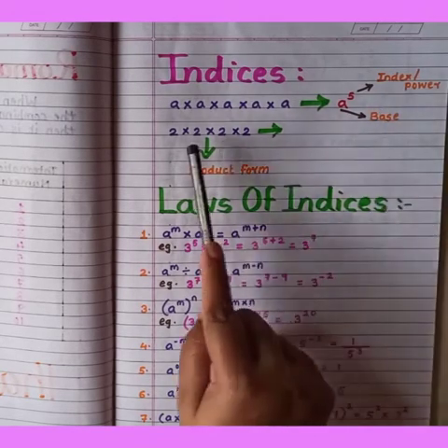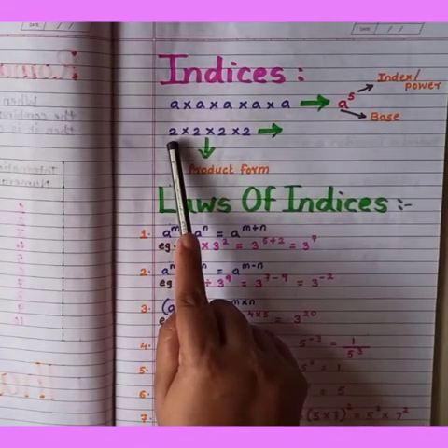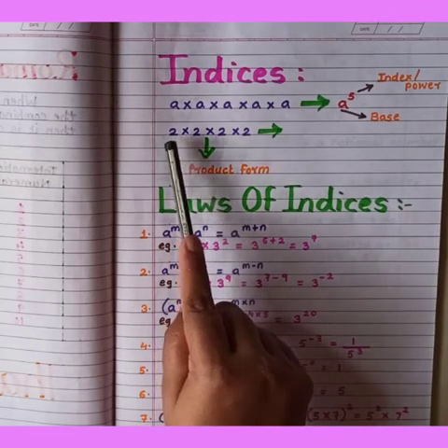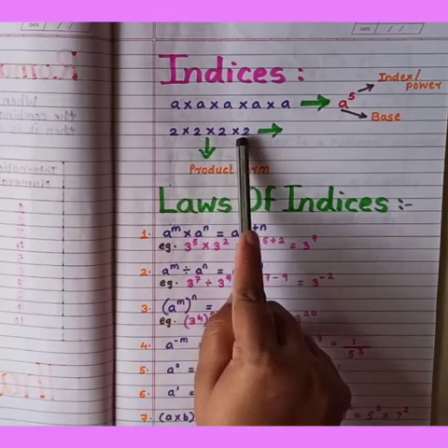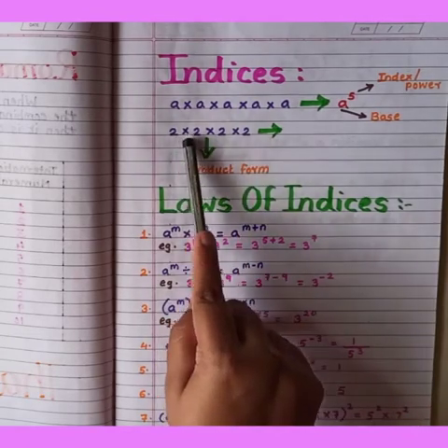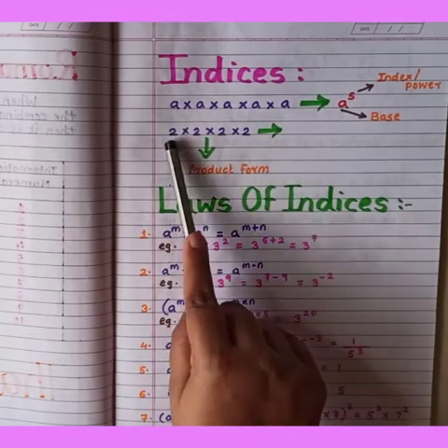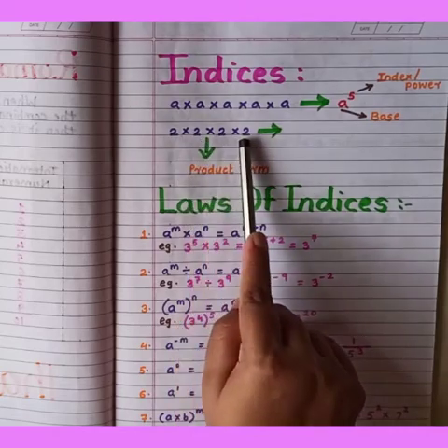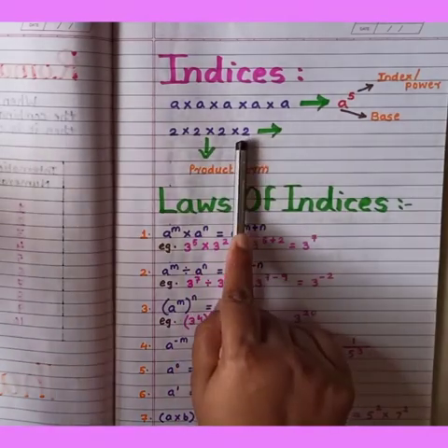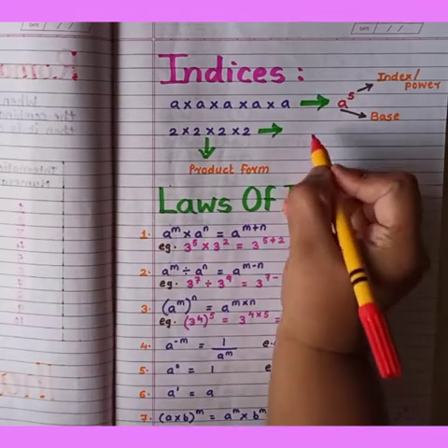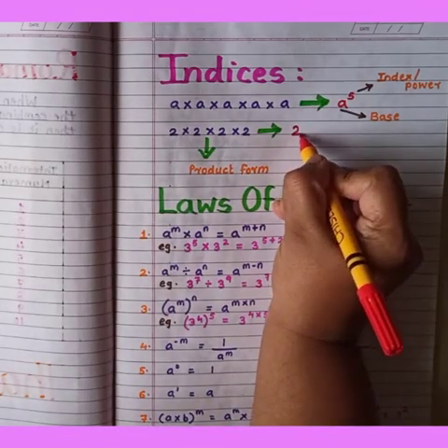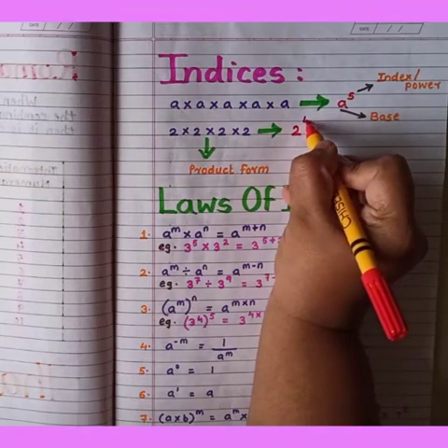Now we will see an example. Again here one expression is written. Here 2 is written 4 times. So in the index form, we write 2 raised to 4.